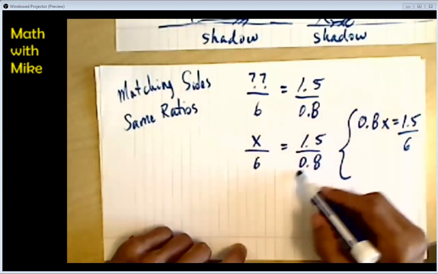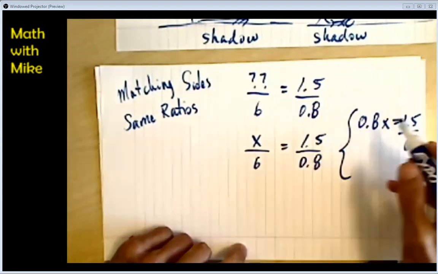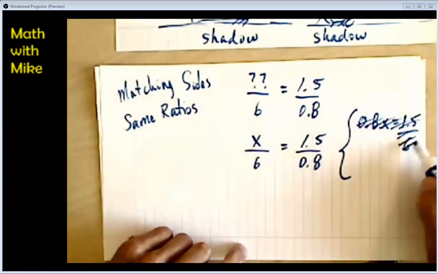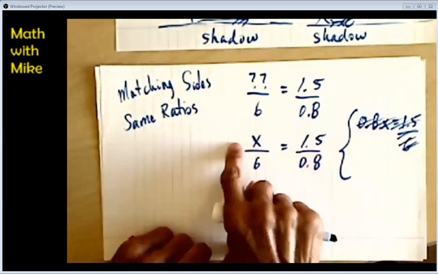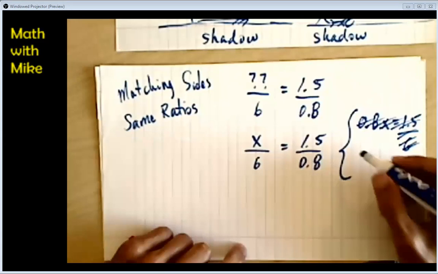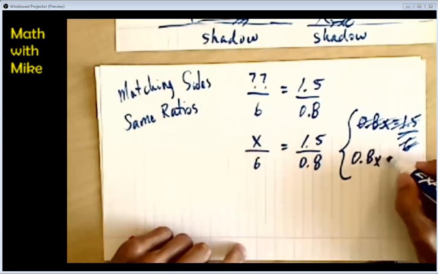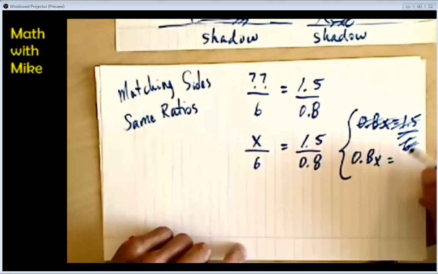Oh, whoops. Let's do it properly if we're going to do it. 0.8 gets multiplied up there. That's 1.5 now times 6. So, you were right, but I gave you the wrong question. Let's do this instead. 6 times 1.5.